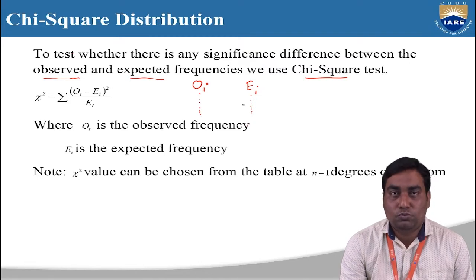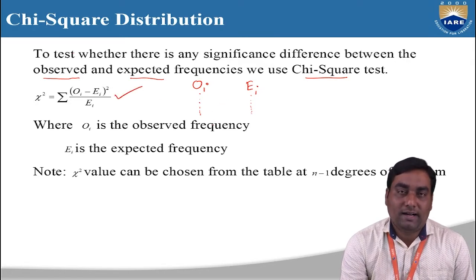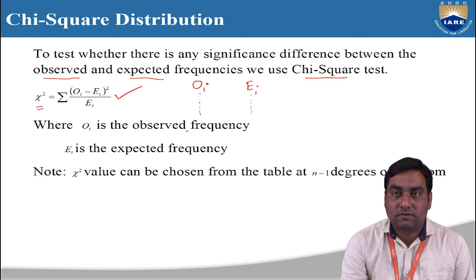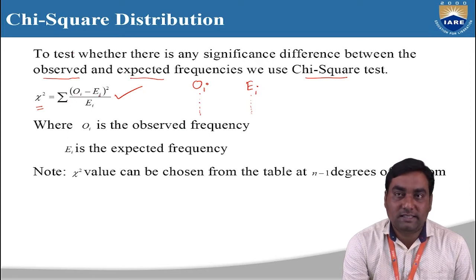If we know these two values, we use the formula chi-square, which is the mathematical terminology, equal to sum of (Oi minus Ei) whole square by Ei, observed frequencies minus expected frequencies whole square by expected frequency.